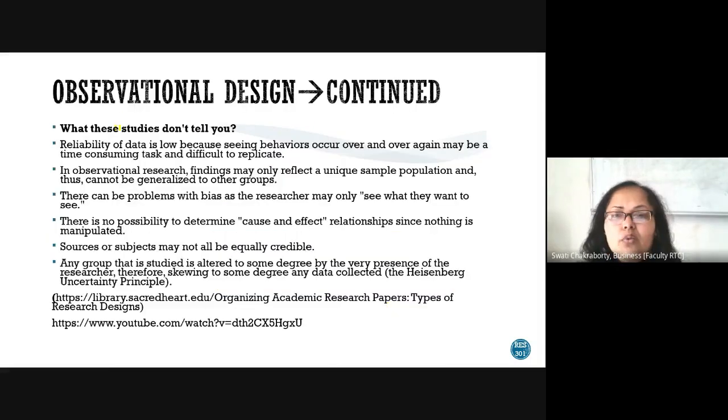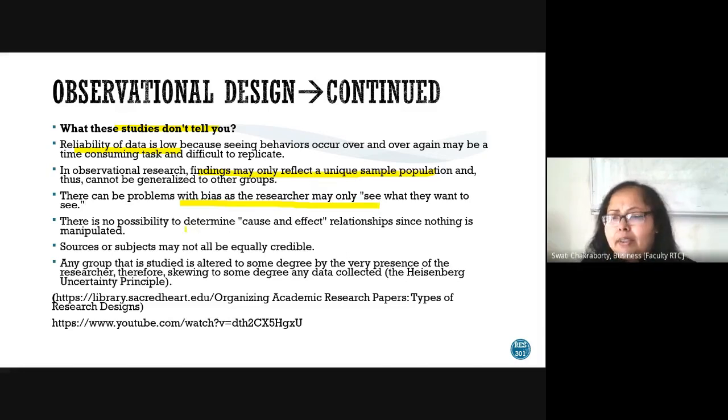What these studies don't tell us: the reliability of data is low. Why? Because when we see behaviors occur over and over again, it may be a time consuming task and very difficult to replicate. The findings may only reflect a unique sample population and may not be able to generalize to other groups. There can be problems with bias, as the researcher may see only what they want to see.